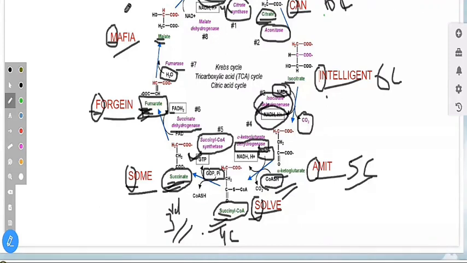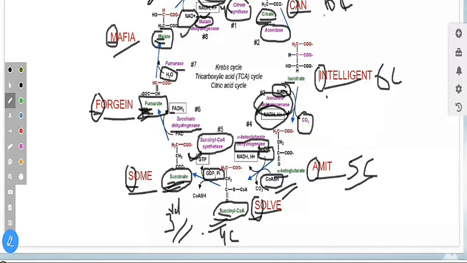Next, the last step, that is production of oxaloacetate from malate. Here we can see that NAD plus is there, so obviously NADH plus H must be formed. Now see, which enzyme is responsible for this? The substrate is malate. Obviously the enzyme name begins with malate, and here hydrogen is removed.